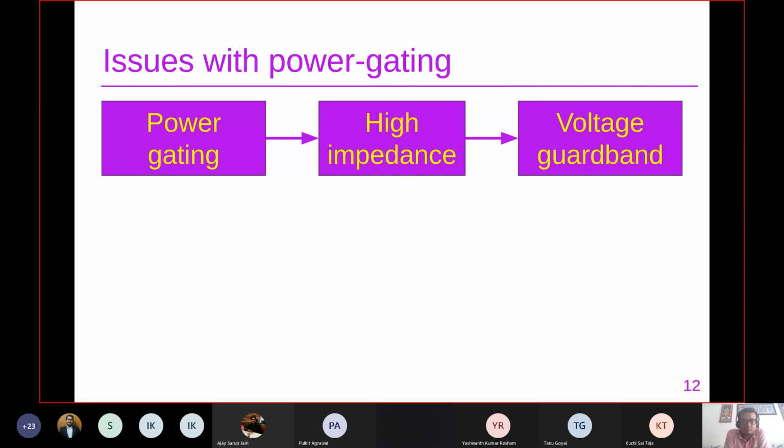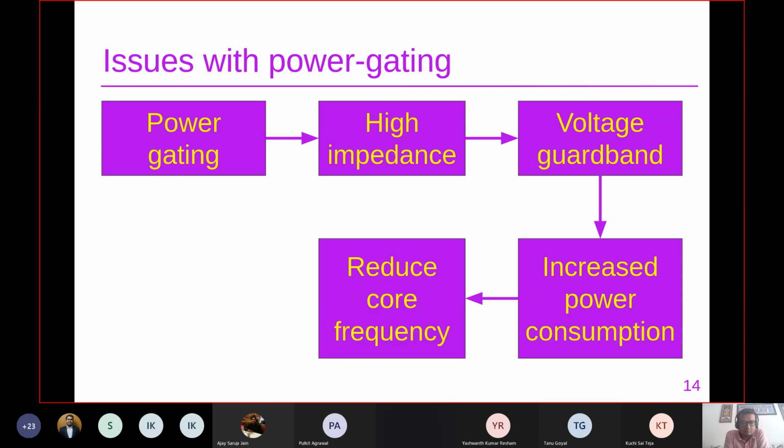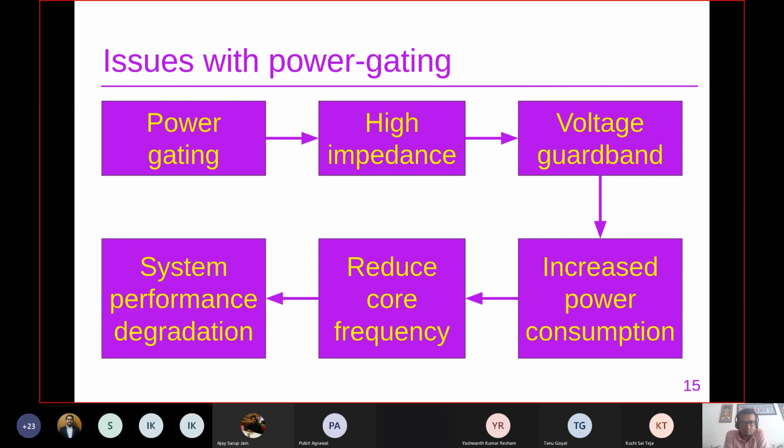When you introduce a voltage guard band, the power consumption of the system increases. So the total power budget for the active cores reduces. In that scenario, we need to reduce the frequency of the active cores to fit the lower power budget that is available. This leads to system performance degradation.